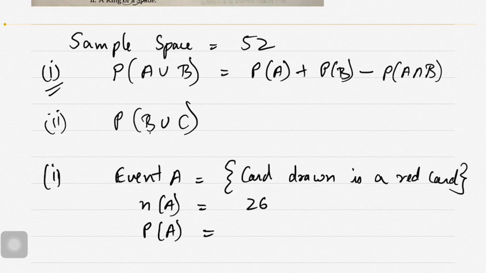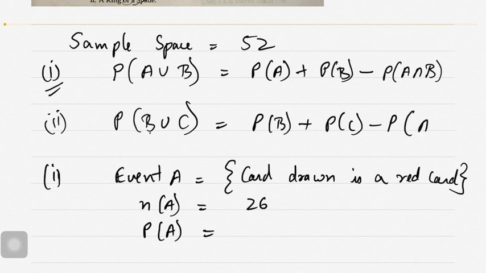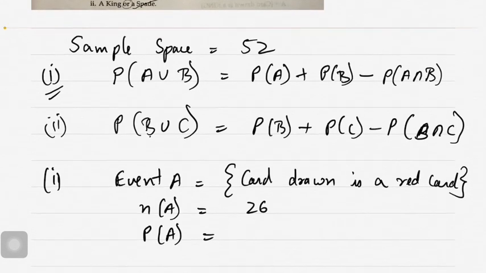And formula for P of B union C would be P of B plus P of C minus P of B intersection C. Right? This has been explained in the previous video.